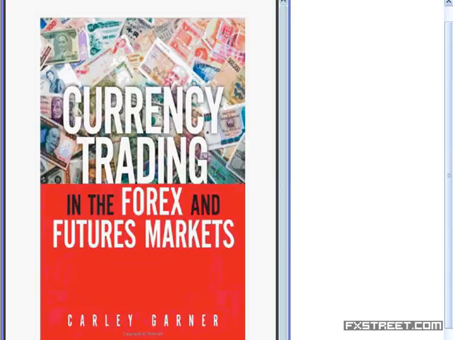The book we are talking about today is a concise, easily digested snapshot of the currency market. At fxtrade.com, we found this book to be a solid introduction to trading the FX market through a variety of instruments.